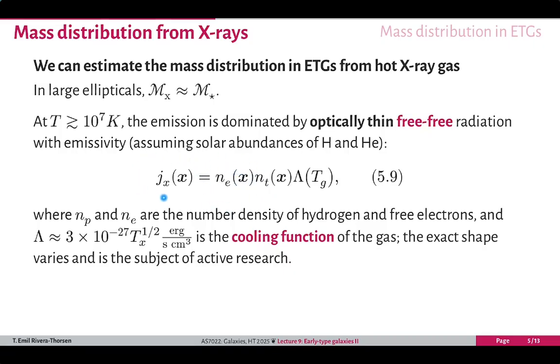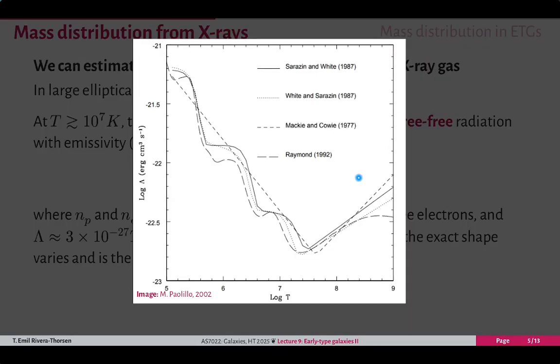So the emissivity at point x is the density of electrons at this given point times the total density of ions at this given point times this thing here that we call the cooling function, which is at least in part depending on the gas temperature. And at temperatures like the ones we are talking about here, it is actually more or less only dependent on the gas temperature.